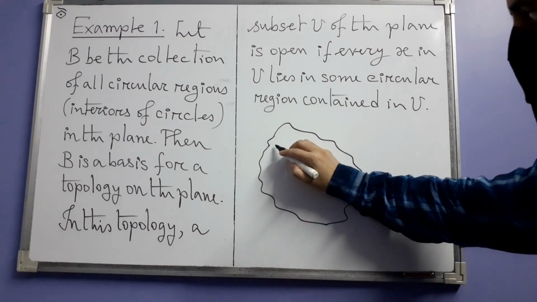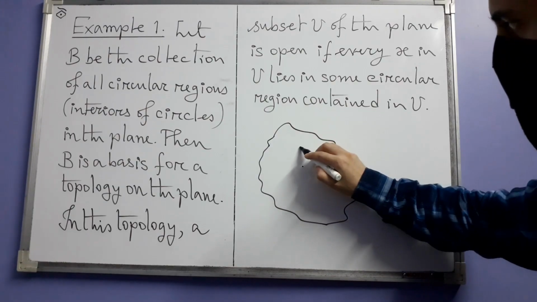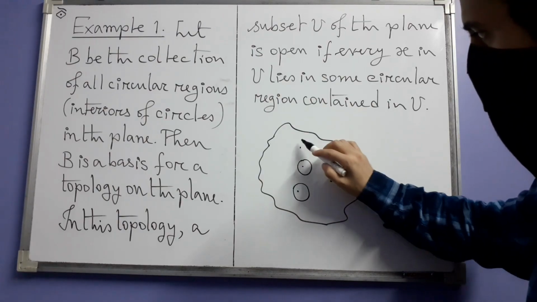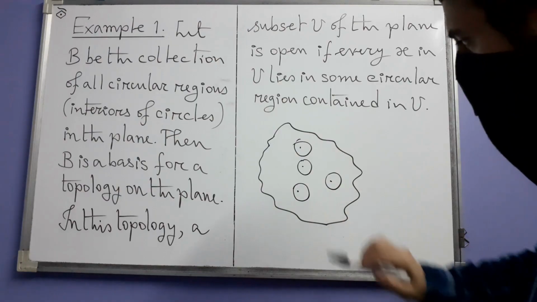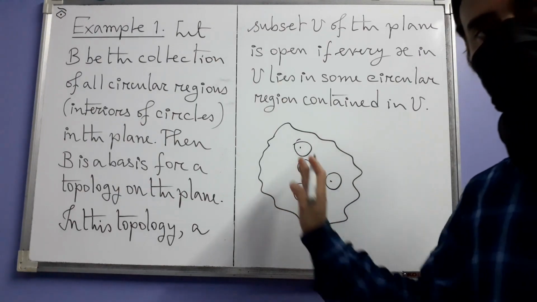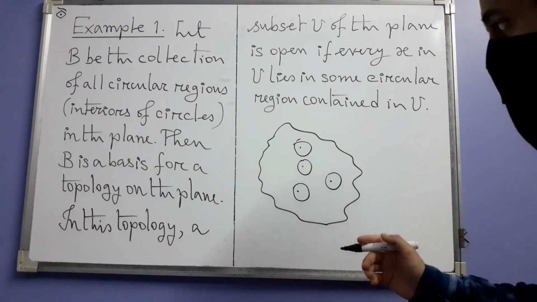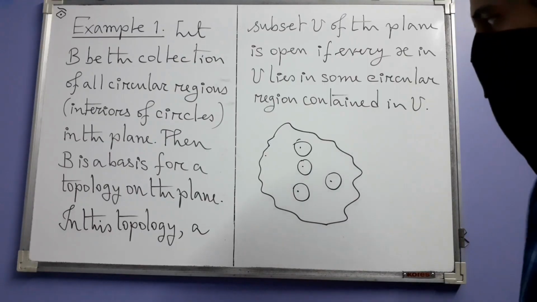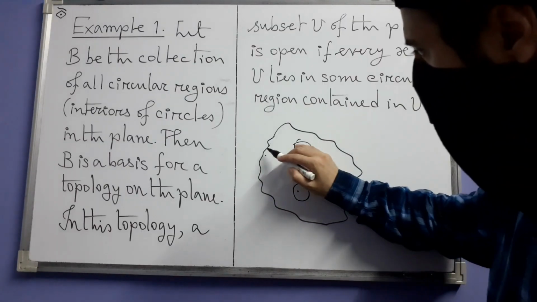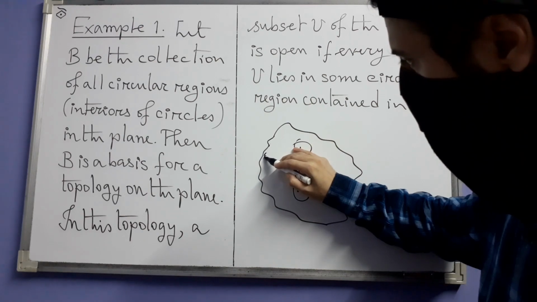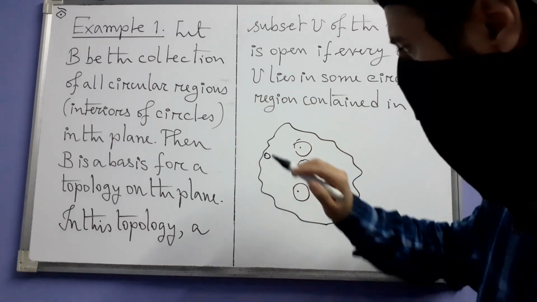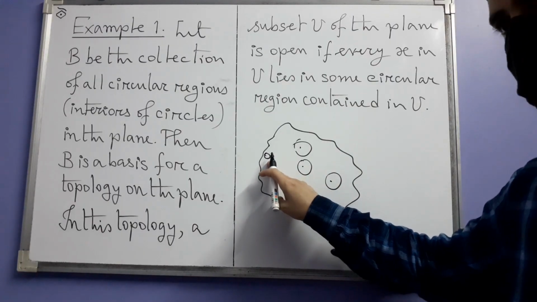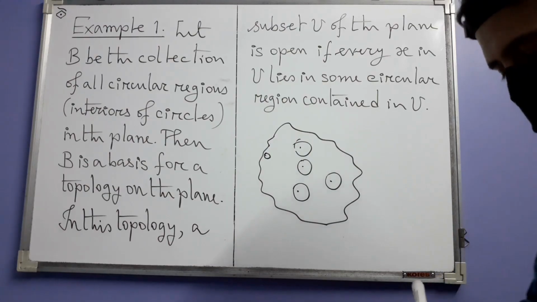And why is that so? If you choose any point anywhere inside this region, you can obviously draw a circle containing that point and which is entirely contained in this subset. You may think that if you choose your point very close to the boundary, you will have some kind of difficulty. Well, you have to be careful. The circle that you will draw, which will have that point inside of it and which should entirely be contained in this region, it should have sufficiently small radius, but you get the point.